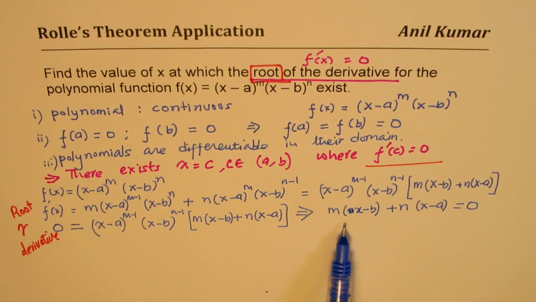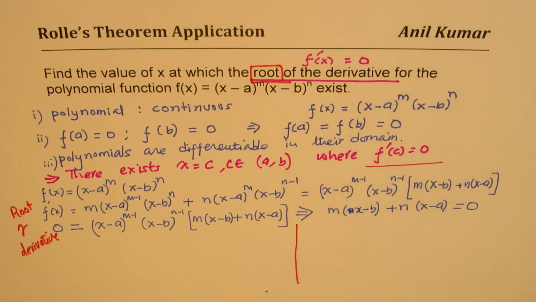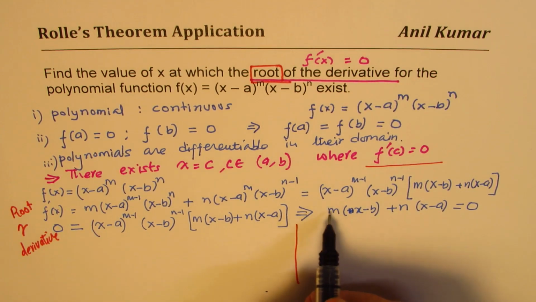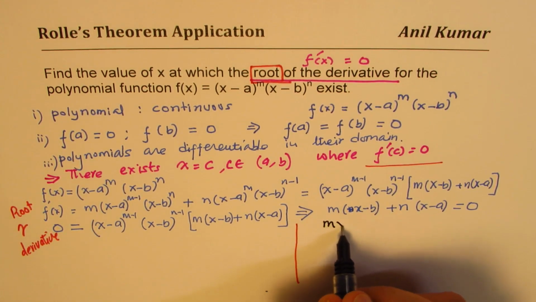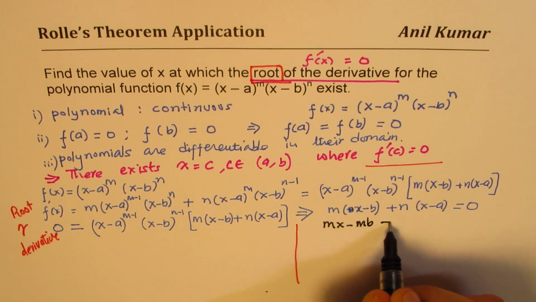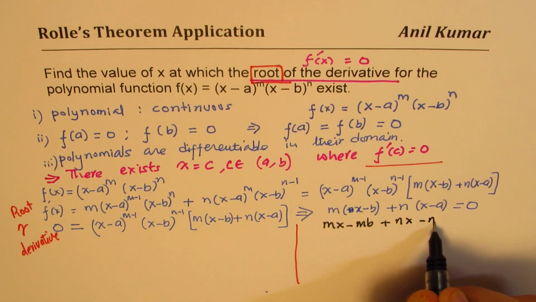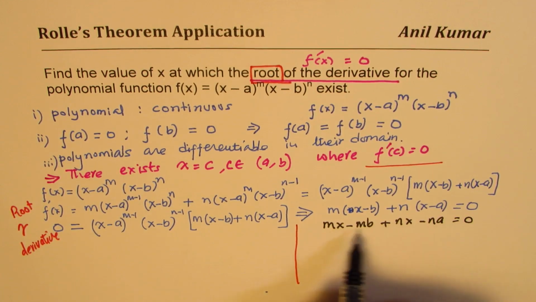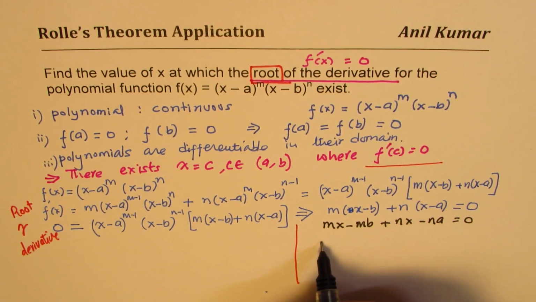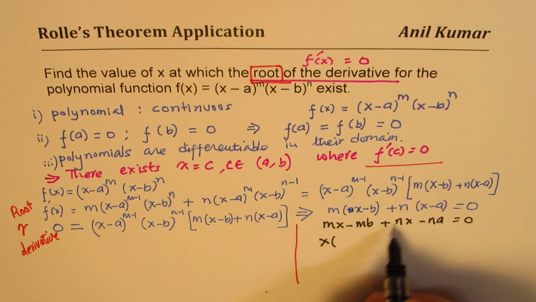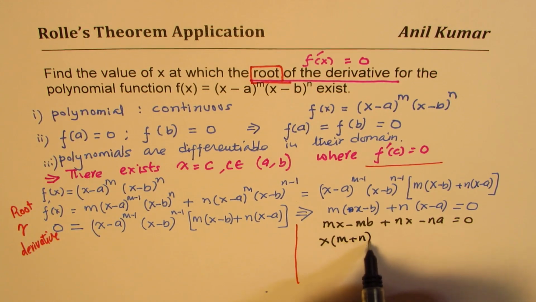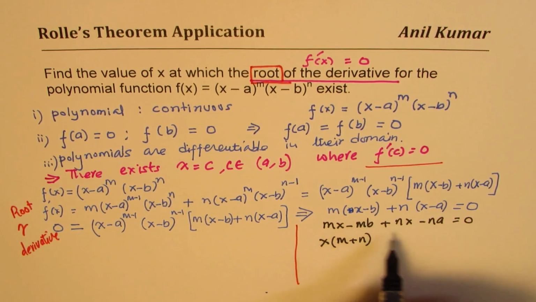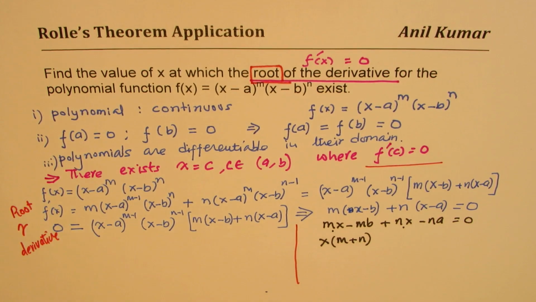Now, from here, we can solve for x, correct? So let's solve for x. We'll just multiply and open. So we get mx minus mb plus nx minus na equals 0. Taking x terms together, we get x times (m plus n), and we took these two terms, right?